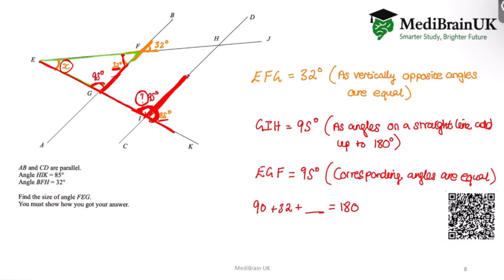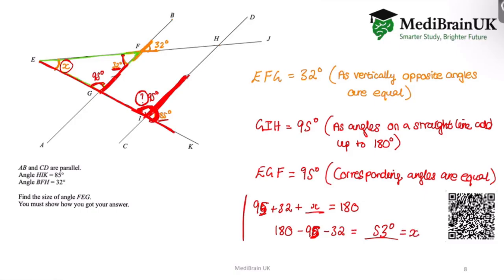So to work out that something, you're going to do 180 subtract 95, subtract 32, and that's going to get you your angle X. So 180 subtract 95, subtract 32 is going to get you an answer of 53 degrees. So 53 degrees is your angle X.